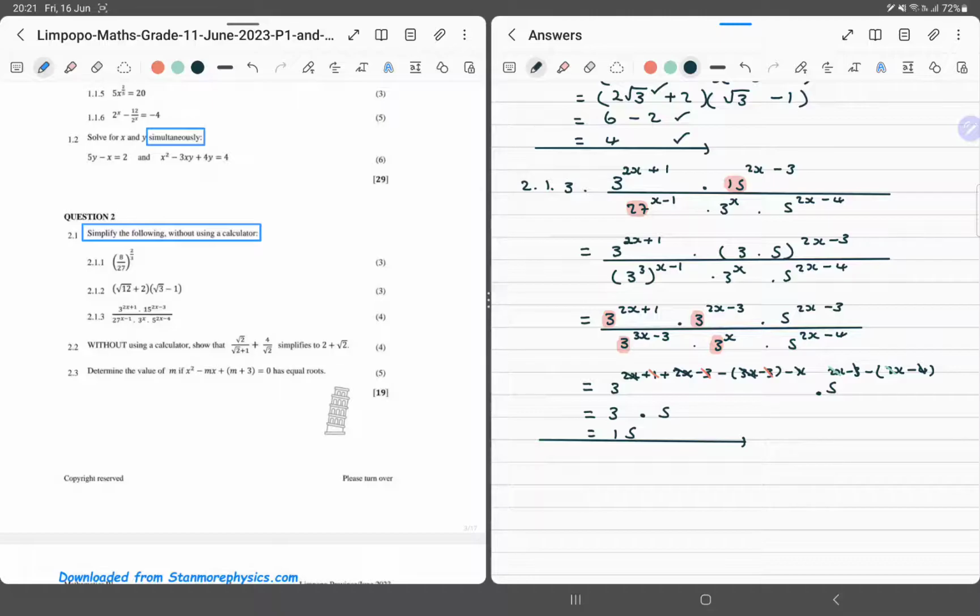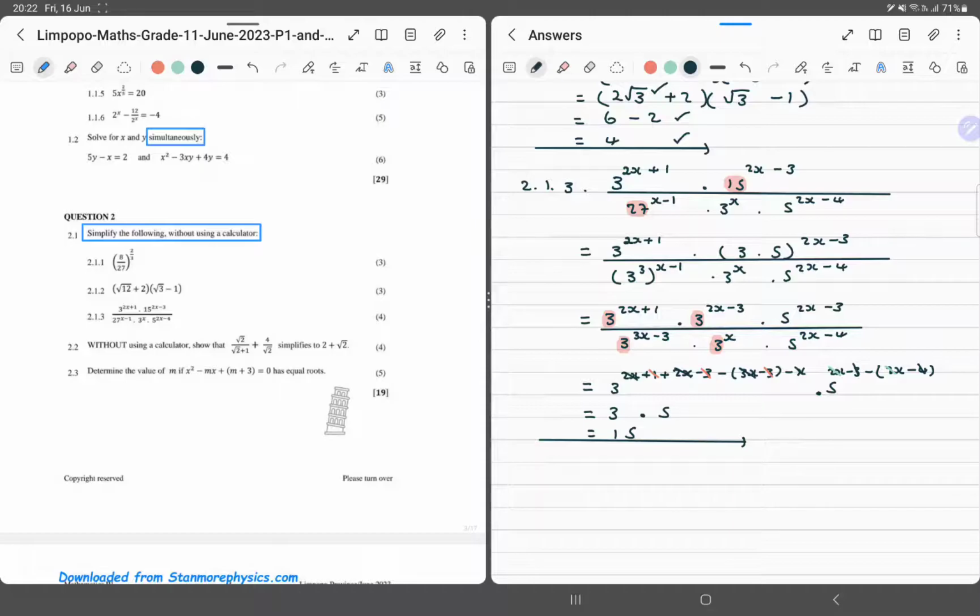Let's go for it. We've got 3 to the exponent, this one is going to be 2 into, now x, we're giving it a 1. Let's just give x a 1, and then plus 1. And then we're going to say into, let's just put a multiplication there. 15 to the exponent 2 into 1. So we're making x 1, okay? Minus 3.